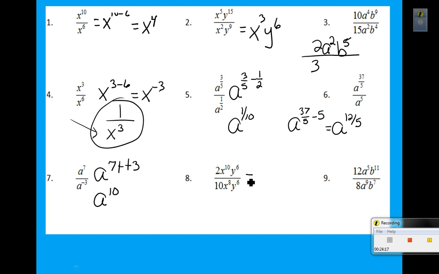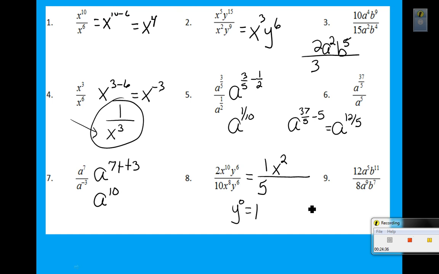I need a better name for 2/10, and that happens to be 1/5. Now I'm going to go 10 minus 8 is 2, so I got x squared. I'm going to go 6 minus 6 is 0, but remember guys, anything to the 0 is 1. So we're done there.